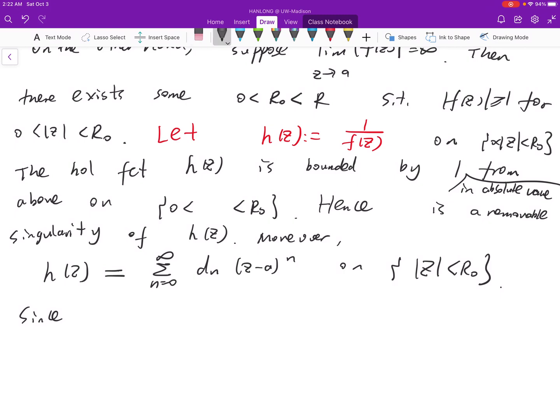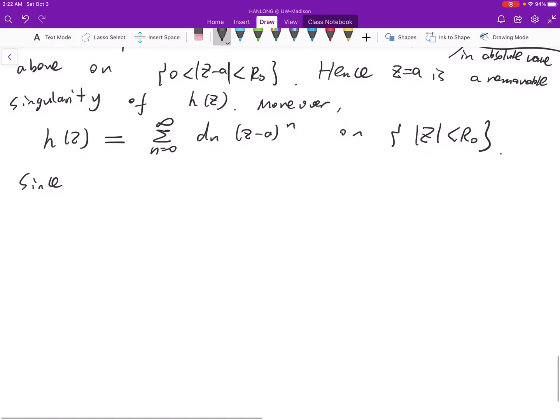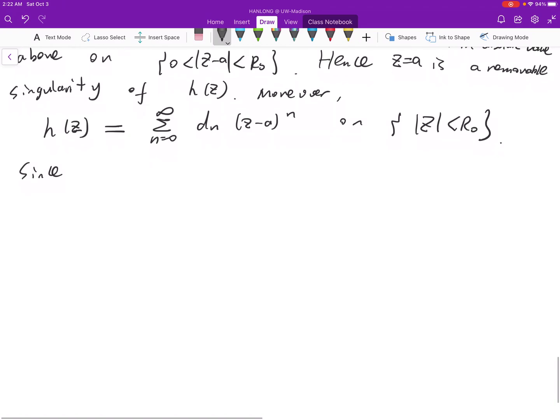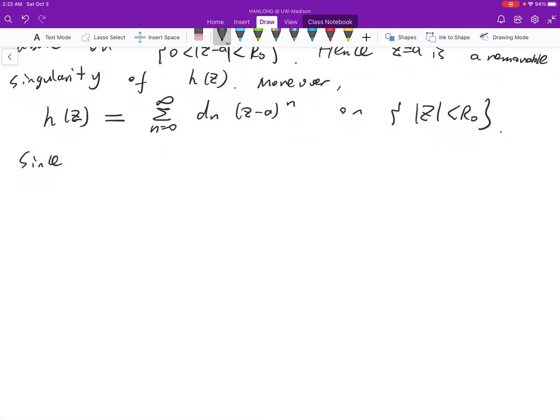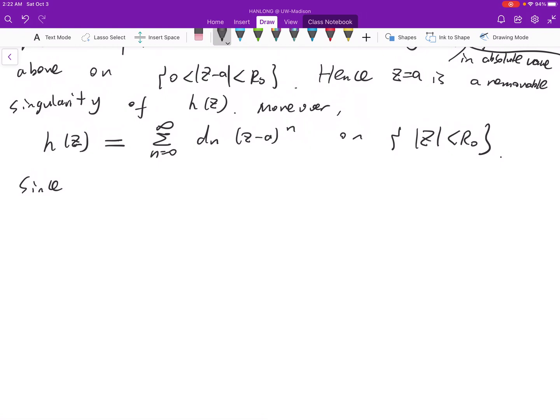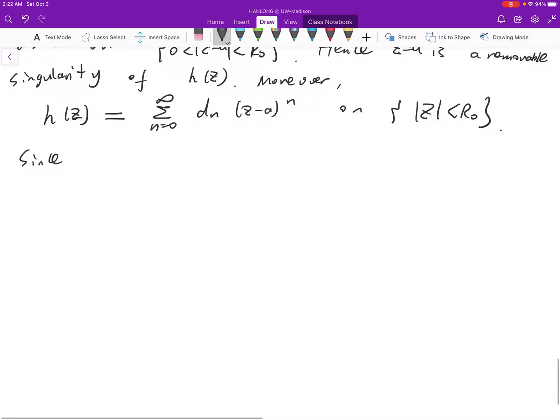The fixed point is a. We consider a disk centered at a.